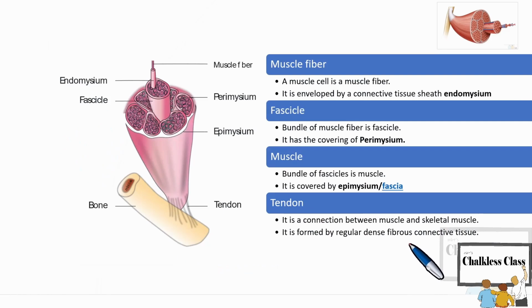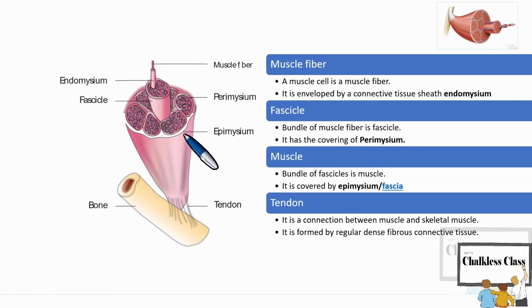Now, let us see what a muscle is. Look at this one. This muscle is a skeletal muscle attached to the bone by a connective tissue structure called tendon. It is formed by dense fibrous connective tissue, and this muscle is covered by a connective tissue layer called epimysium.